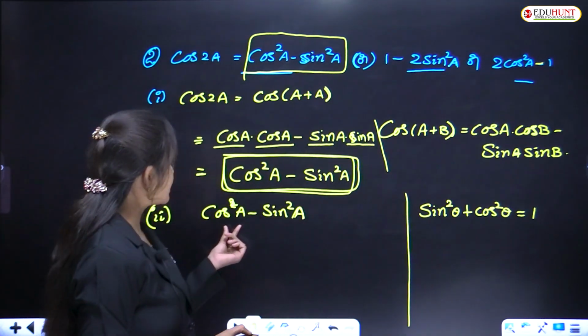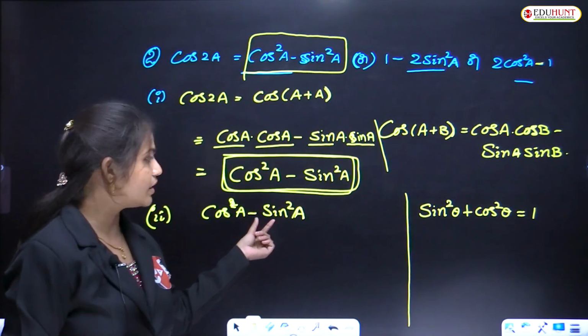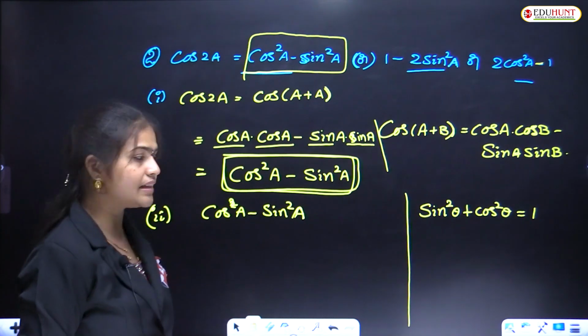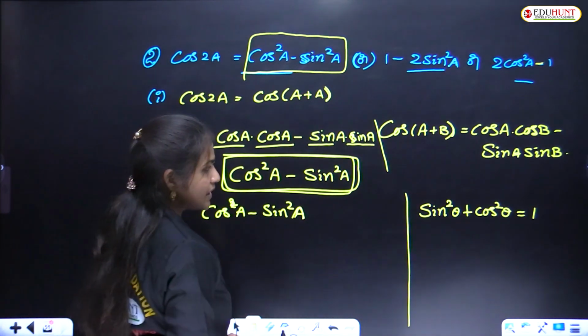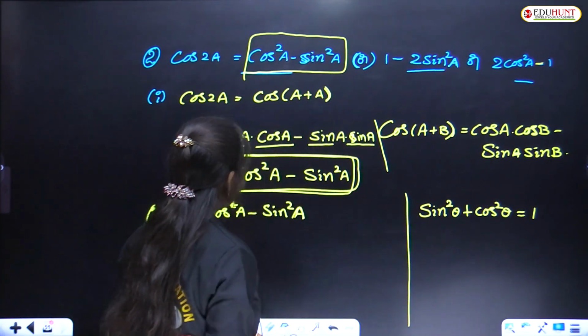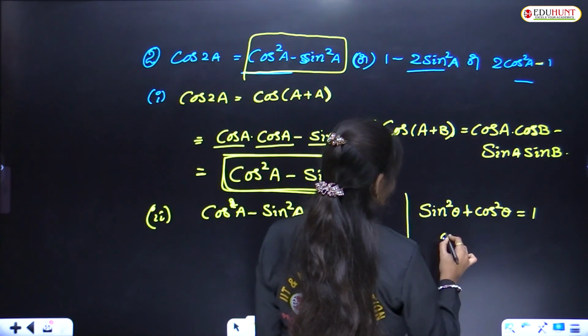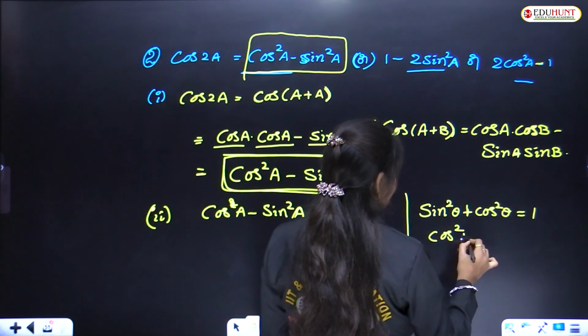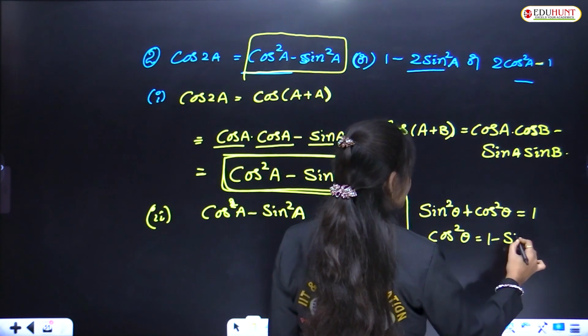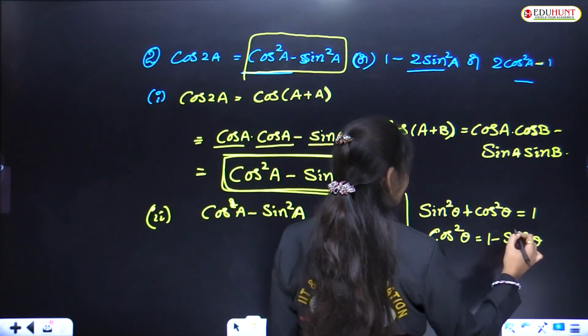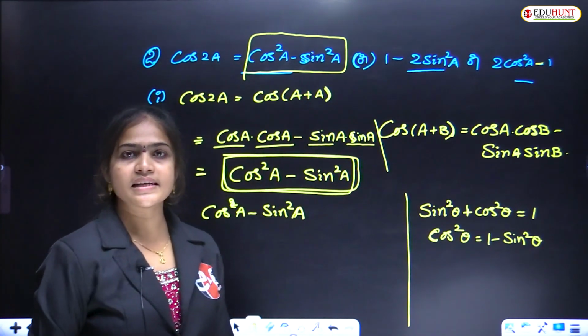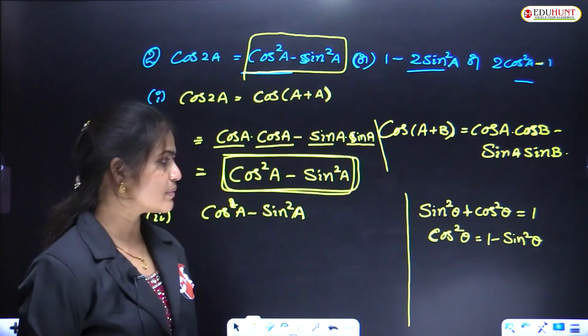Okay. So here this is related to sin and cos only, no? So that's why we chose that identity. Sin square theta plus cos square theta is equals to 1. So here I want to write that one as cos square theta is equal to 1 minus sin square theta. Yes or no? Cos square theta is equal to 1 minus sin square theta.